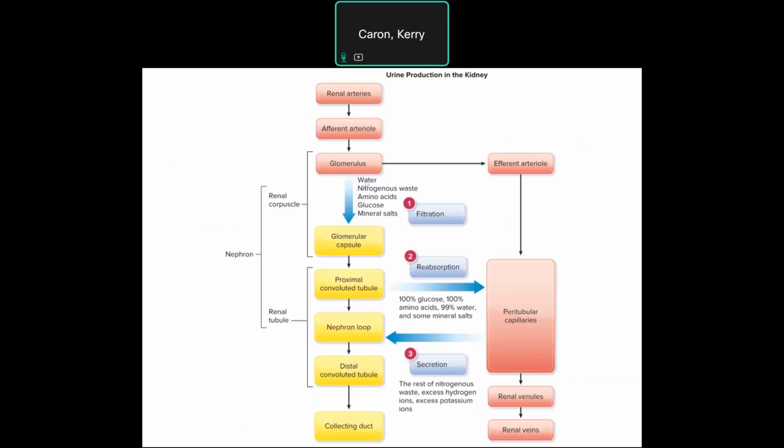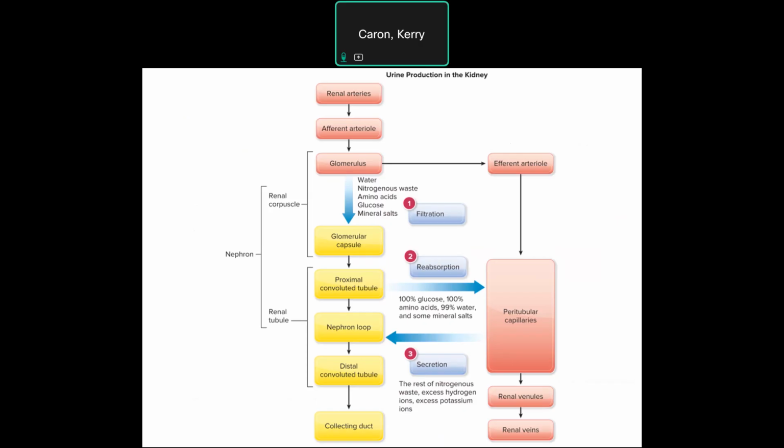Okay, here's another. I'm a person that likes visuals, so hopefully this is helpful to you. We've got renal artery, afferent, glomerulus. Blood is going to exit out the efferent, which goes to peritubular capillaries, venules, medium-sized ones, out the vein. But what happens at the nephron level with the waste products is that anything like excess water, nitrogen, amino acids, we're going to filter in the glomerulus. Filtration happens, okay?